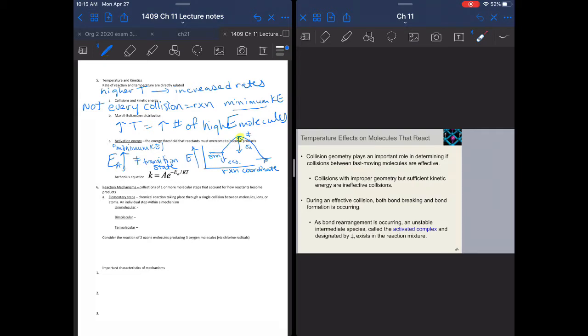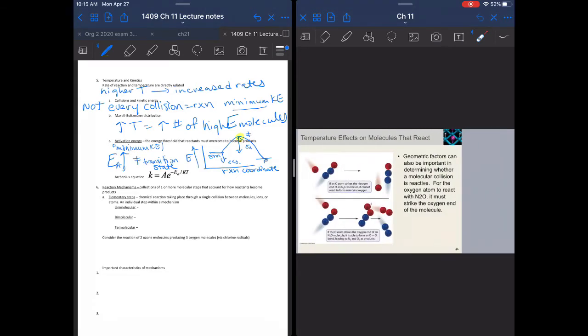There's also some very practical elements you have to think about, and that is also just geometry, right? So you have to get a successful collision, it has to have enough energy, and it also has to be oriented correctly. So let's say we're taking this oxygen and reacting with N2O.